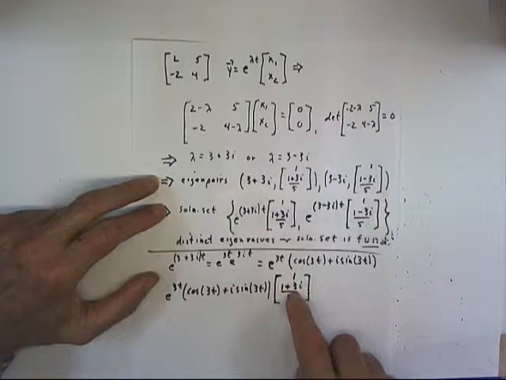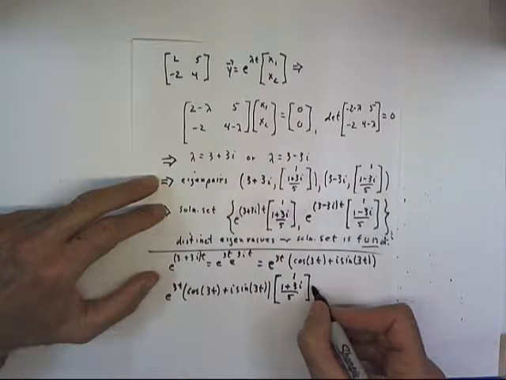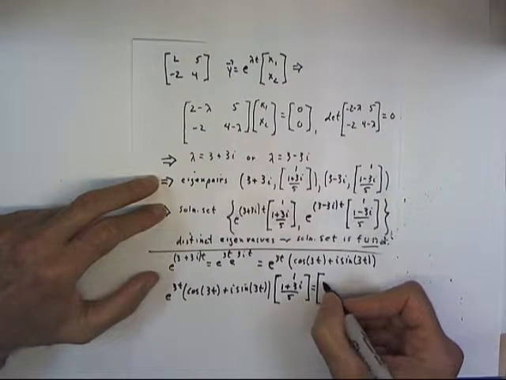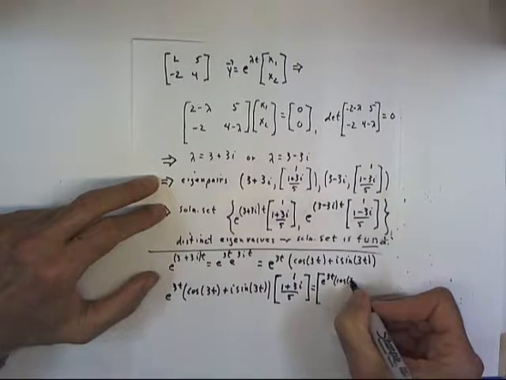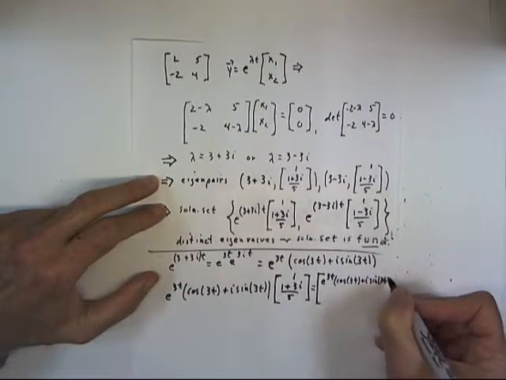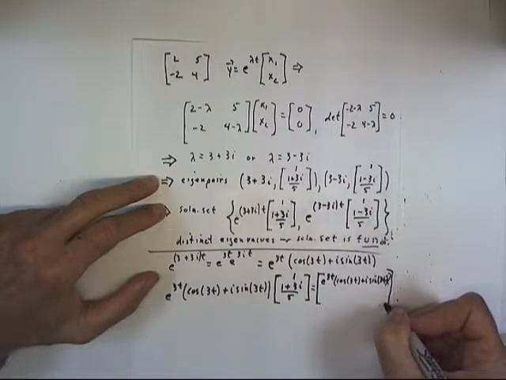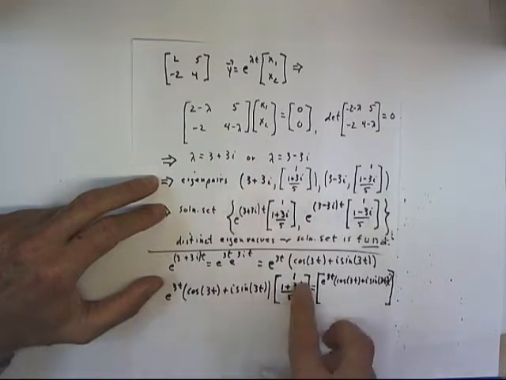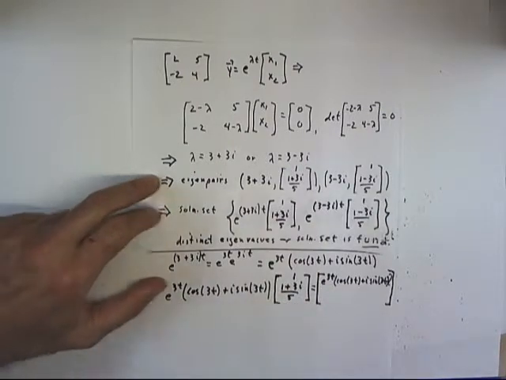And of course this is going to distribute over these components of the vector, so that the first component is just going to be our e to the 3t times the cosine of 3t plus i sine of 3t. Excuse that for being bunched up, but you can see that this simply goes through here, and then whatever this times this happens to be.